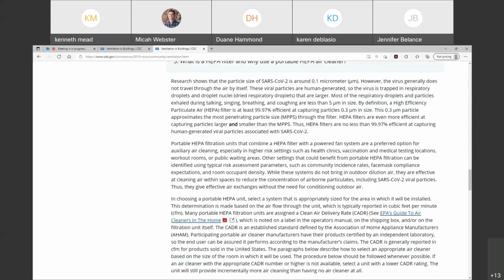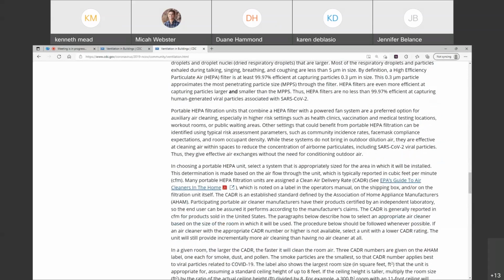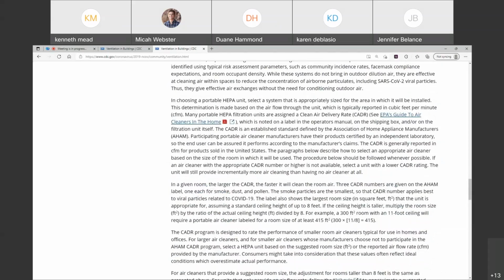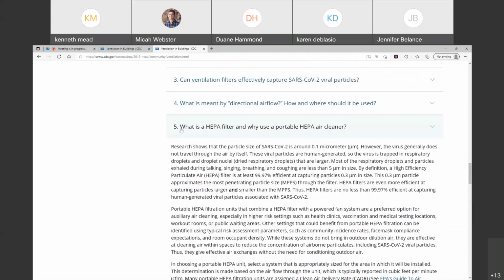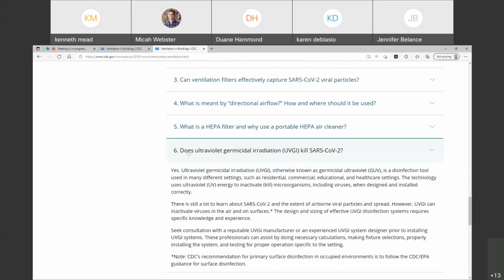If you are looking at portable HEPA units, the way to determine which ones to get and how to position them is in that FAQ. More importantly, perhaps, we've received in the last week or two a lot of input from the field from different entities engaged in ventilation improvement proposals.